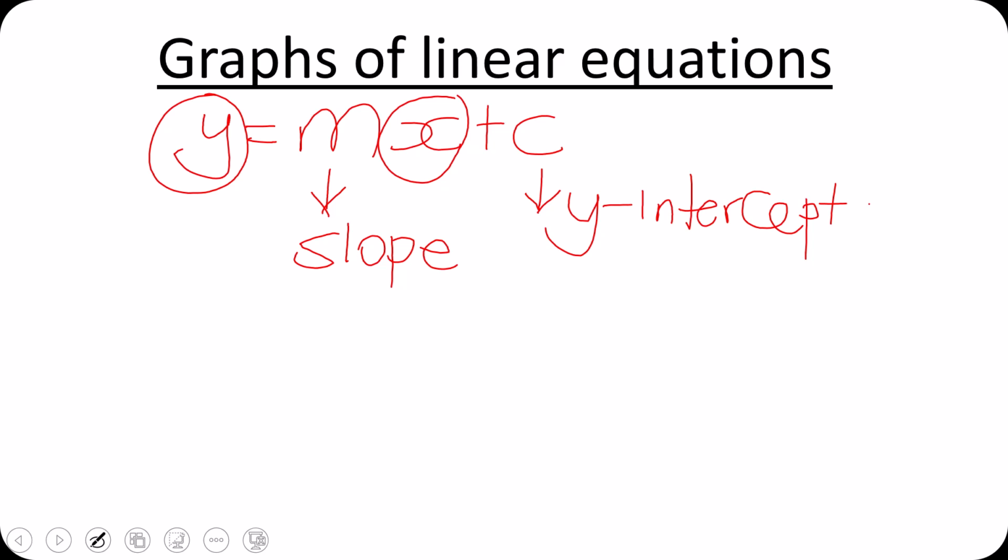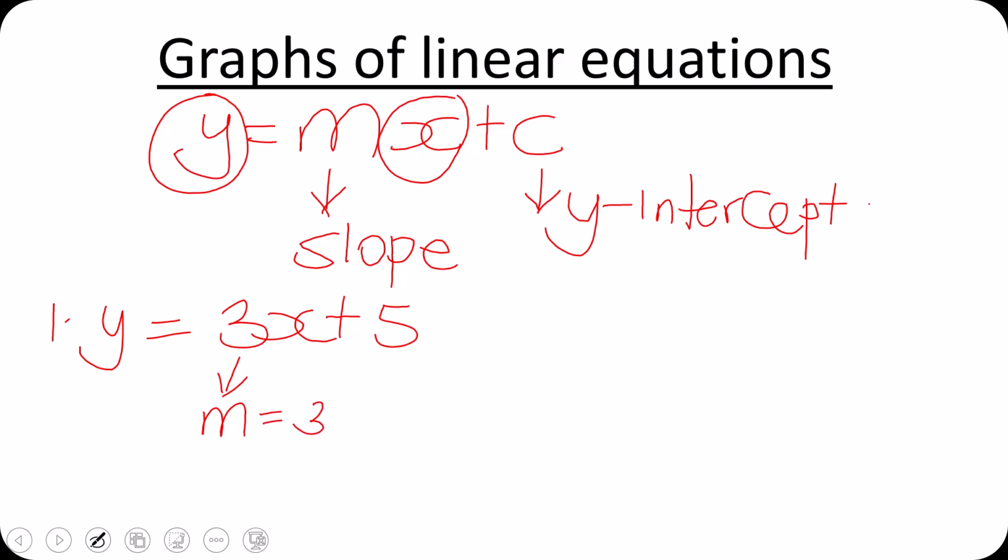Let me give you some examples of equations of lines. The first one could be y is equal to 3x plus 5. In this case, 3 is our gradient, and we say the gradient is represented by m. So you can say that m is equal to 3, and our c, which is the y-intercept, is equal to 5 in this equation.